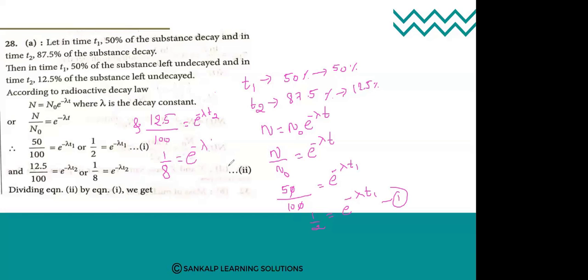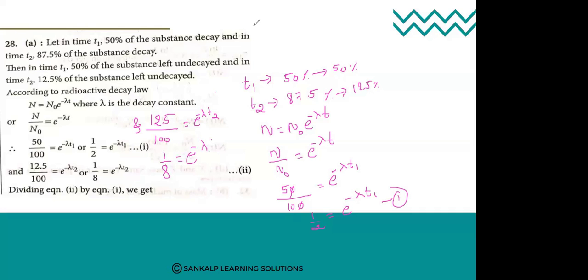This is our equation 2. Initially disintegration is first. So after disintegration, 50% is remaining, total 100%. Same with the second case. Hope equation 1 and 2 are clear to everyone.